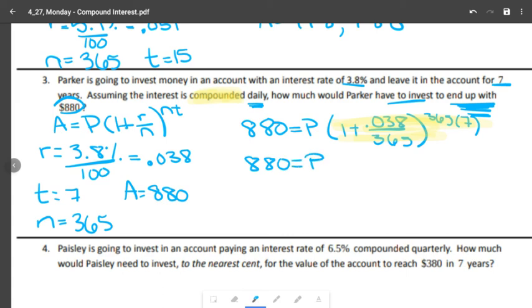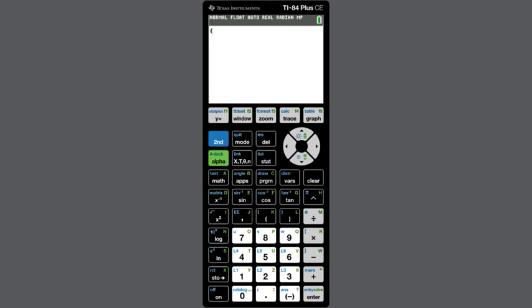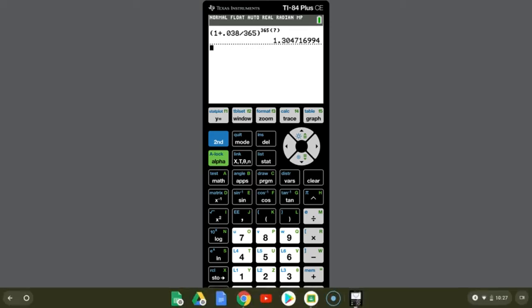Because we have 880 equals P times whatever this number comes out to on my calculator. So typing in, we have 1 plus 0.038 divided by 365 to the power 365 times 7. Like I said last week, do not round your decimals until you're done with the problem. So as annoying as it is, we're going to use that whole decimal right now.